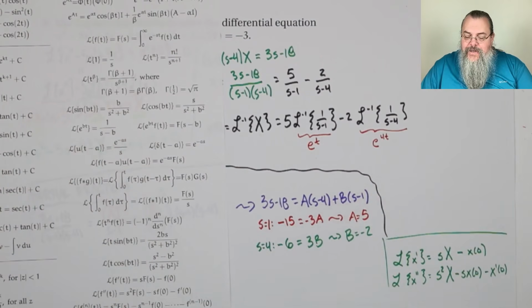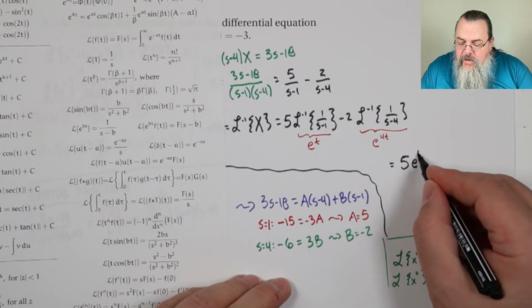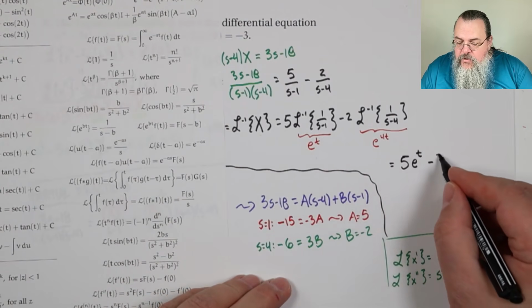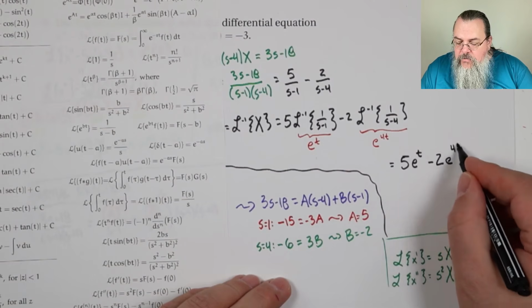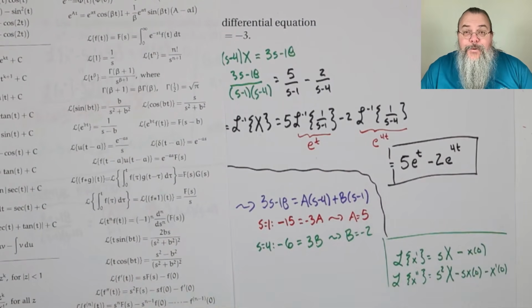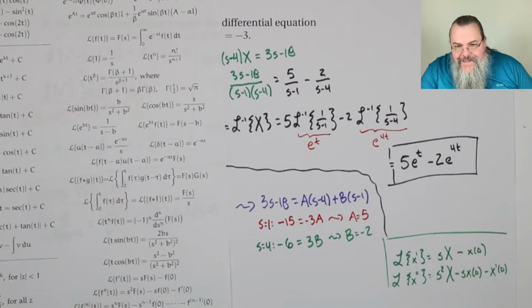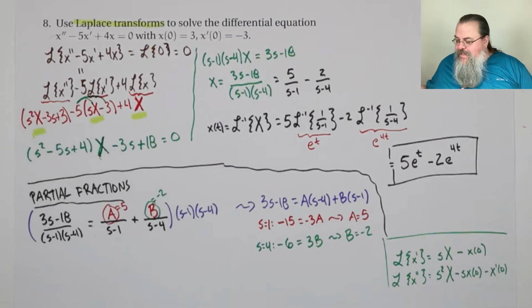And so our final answer, we have 5 e to the t subtract 2 e to the 4t. And we're done. We did it! Woohoo! Yay, us! Good job, us!